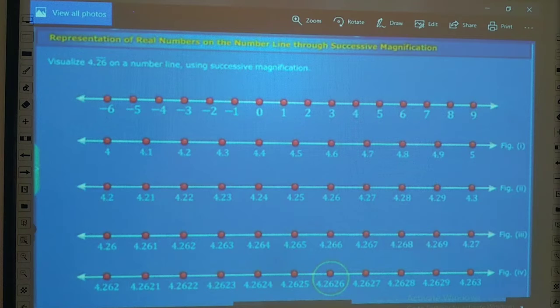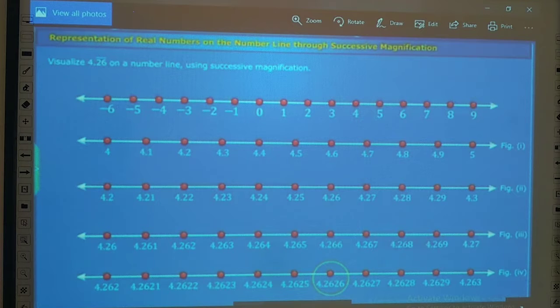So for 2 and the 6, for 2 digits the bar is represented. So that means what? After the point 26, 26, 26, etc. The 2 digits are repeating. The bar represents that the 2 digits are repeating. So it is written as in short 4.26 bar.